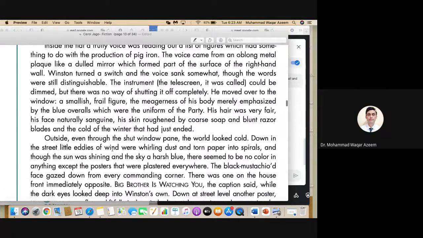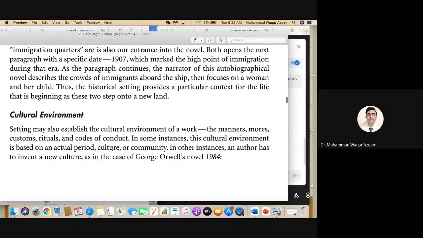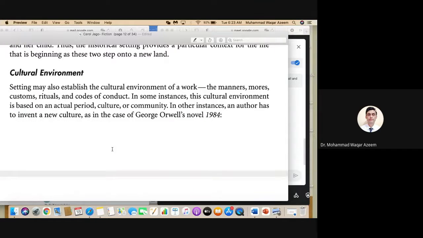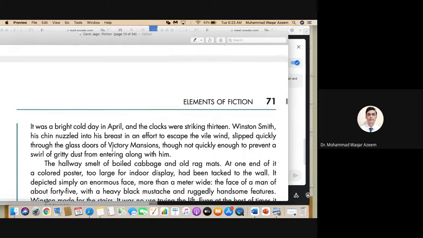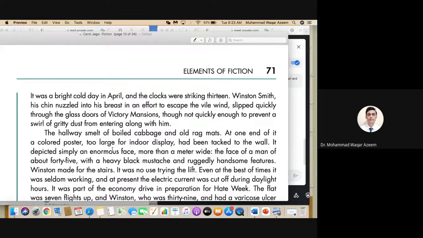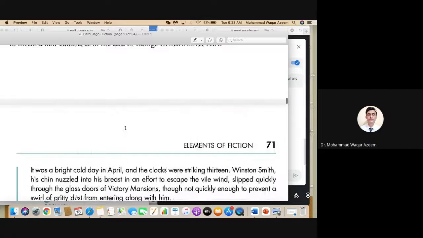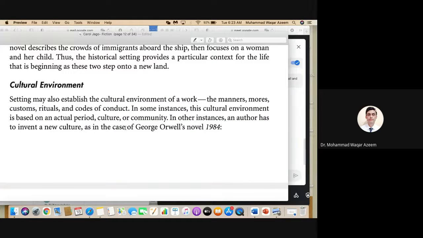There is a very strong cultural environment in the novel, in terms of how certain political structures impact the cultures of different societies. Specifically, how totalitarianism changes the culture of a particular society, and how it affects human relationships, family systems and freedom.